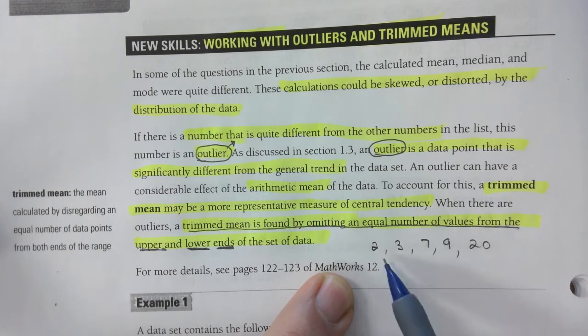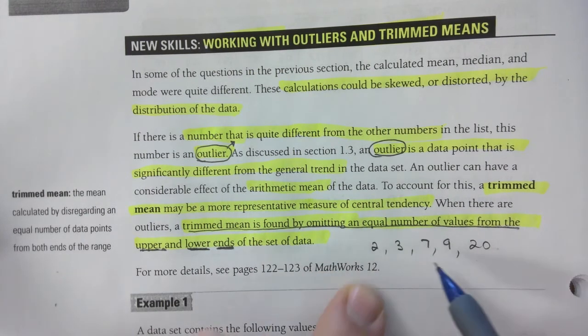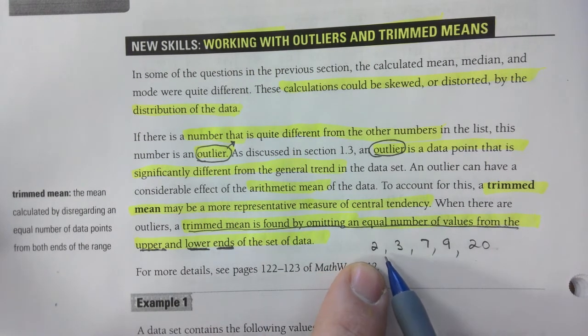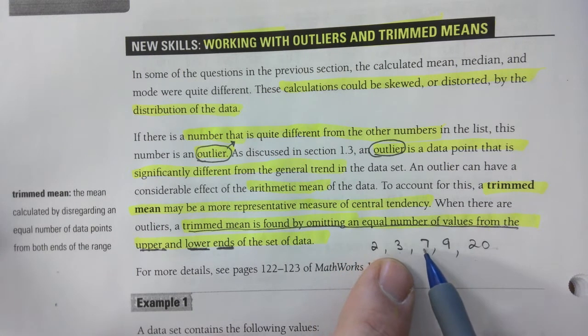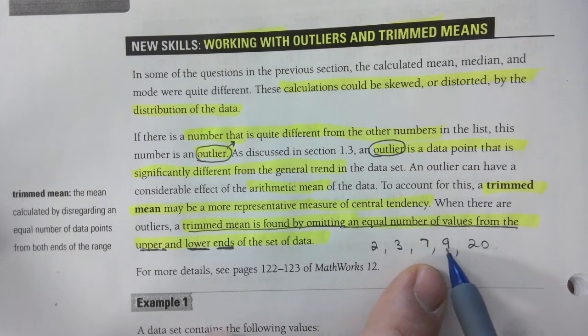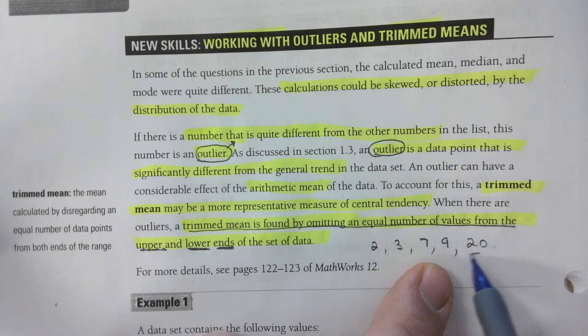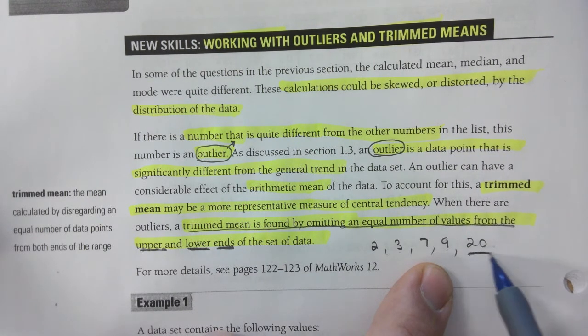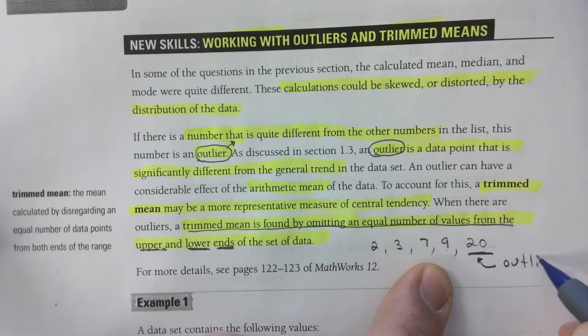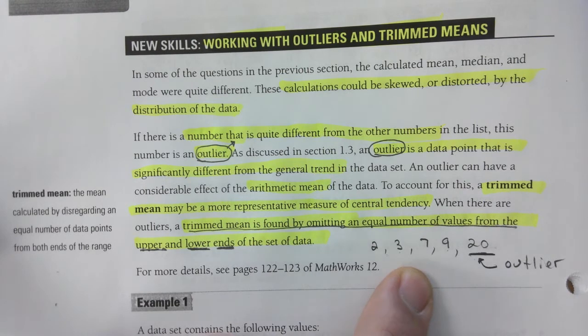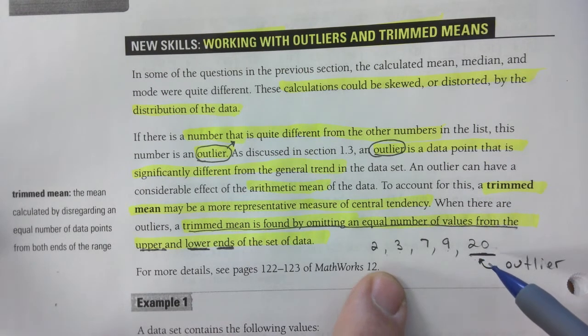That's your set of data. It's going up gradually, and then all of a sudden you have this one that's way outside, from 9 all of a sudden to 20. That would be considered an outlier.